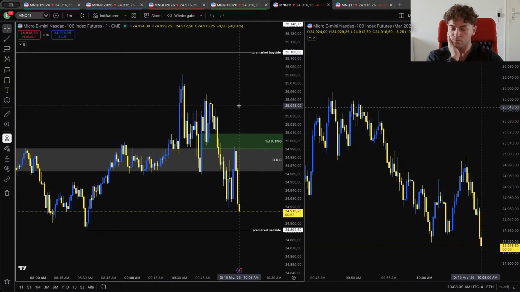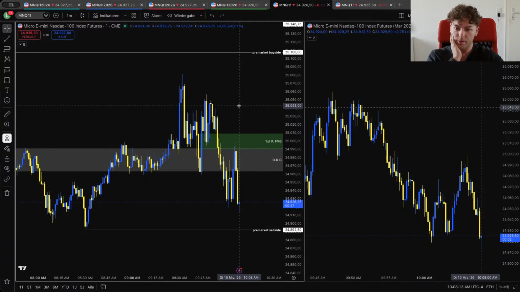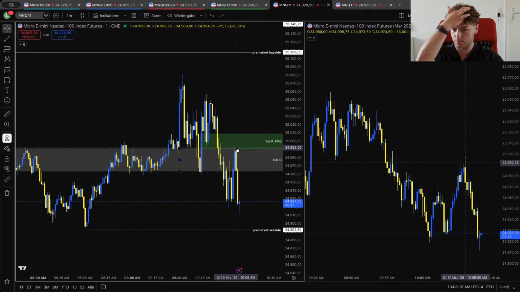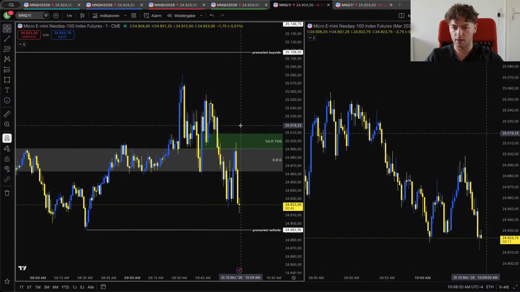So yeah, maybe or probably ICT was shorting this 1% fair value gap.